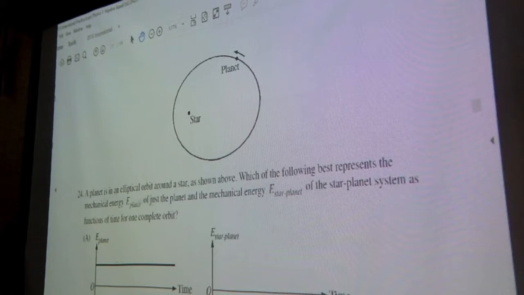The planet is in elliptical orbit. Which of the following best represents the mechanical energy of the planet alone and the mechanical energy of the star-planet system as a function of time for one complete orbit?